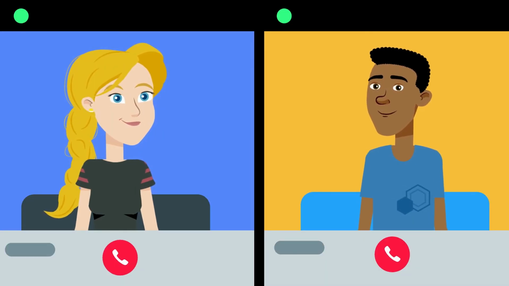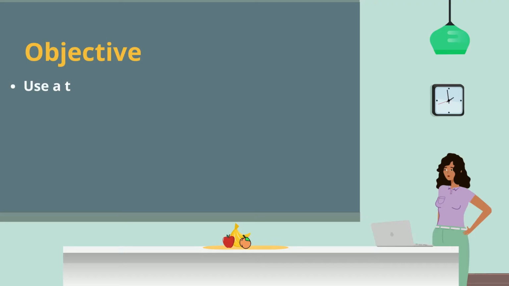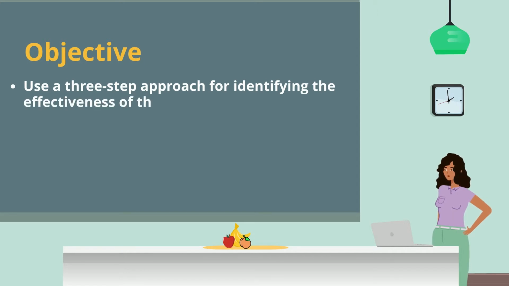Part of your job as students is to identify the effectiveness of literary devices. So, pay attention while we use a three-step approach for identifying the effectiveness of three devices.